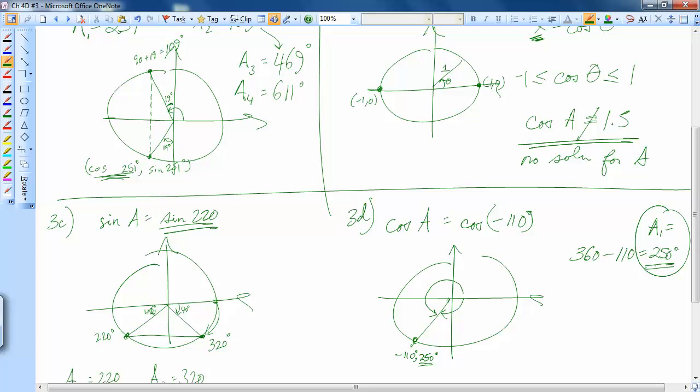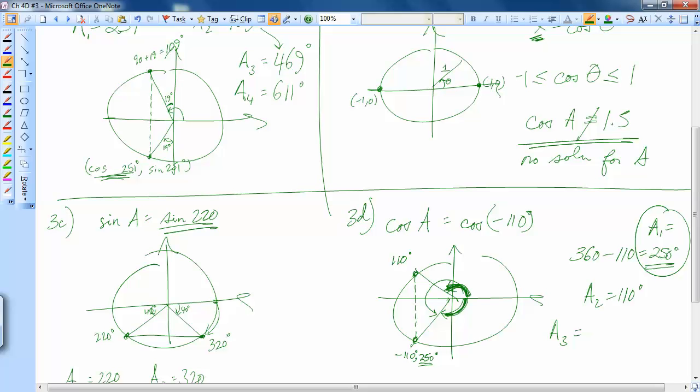Okay, and since it's a cosine, cosines are the x values, so we're going to get a mirror image of that right up here, where this is 110 degrees then, right, since this was 110 degrees. So when I go 110 degrees counterclockwise, I just get A equals 110. So A2 could be 110. And then we could add 360 to both of those.